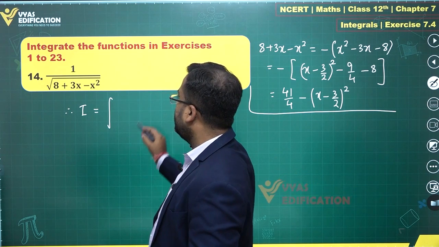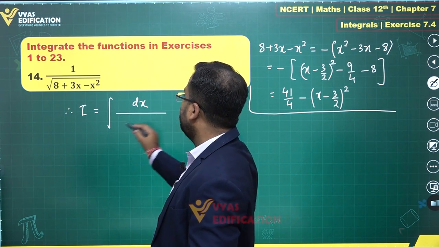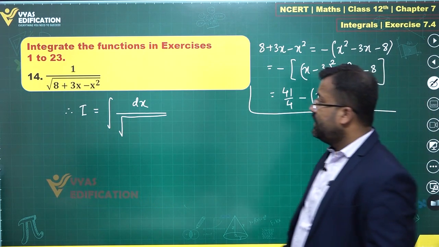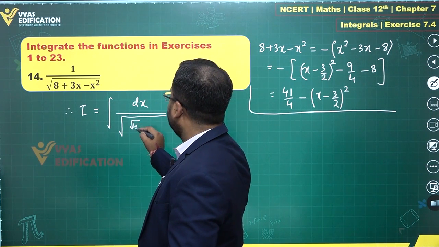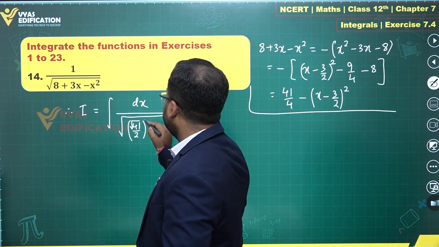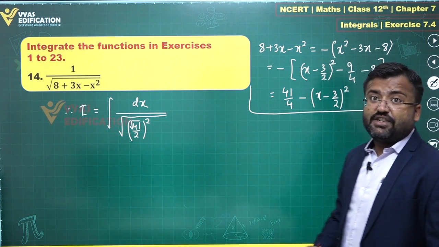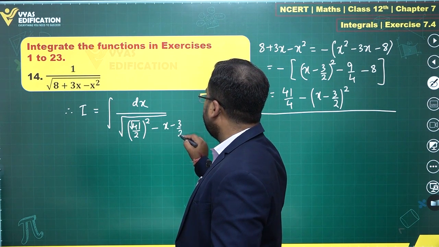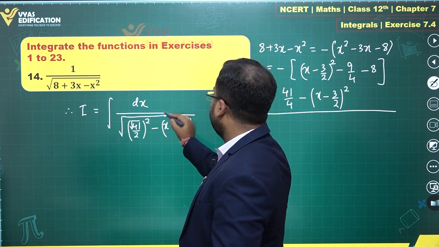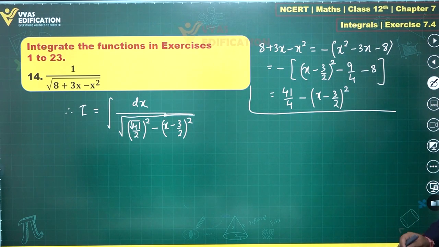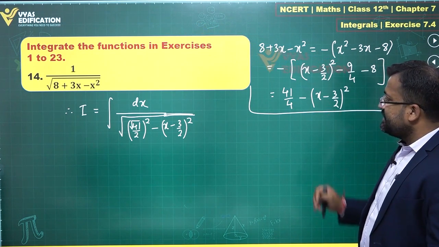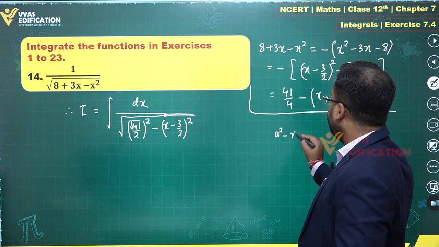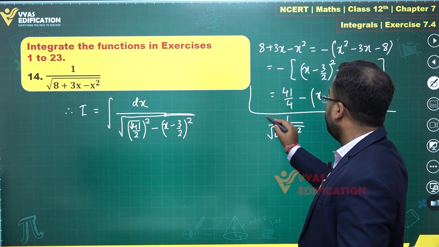So, therefore, integral I is equal to what? dx upon root of this. 41 by 4 is root 41 by 2 and its square, right? We are interested in a square minus x minus 3 by 2 square. This is what you are interested in, right? Root 41 by 2 square minus x minus 3 by 2 whole square, and this is of the form a square minus x square under root in the denominator.